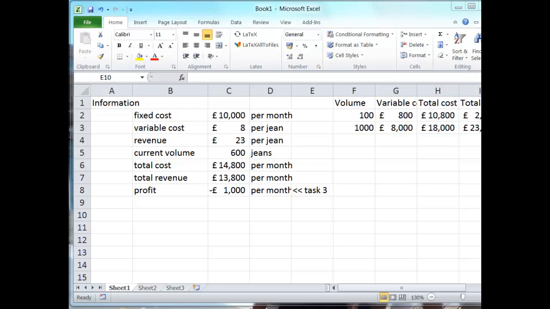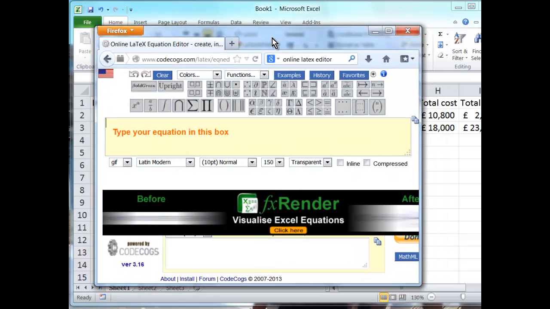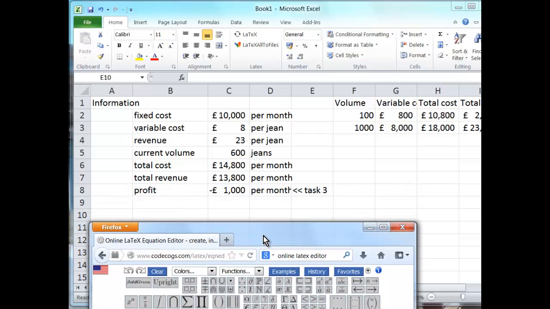So you can start your browser and look for an online LaTeX editor, and you will find one. And here you can just enter the formulas. Well, first let's think about it again. What do we want to achieve?